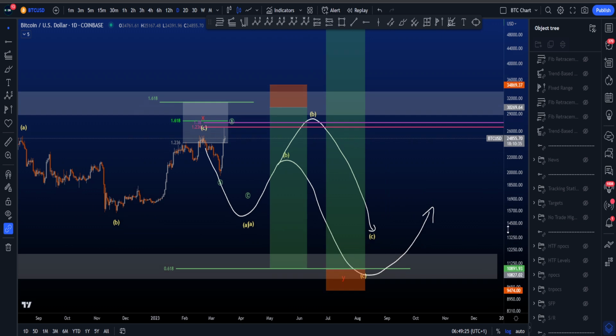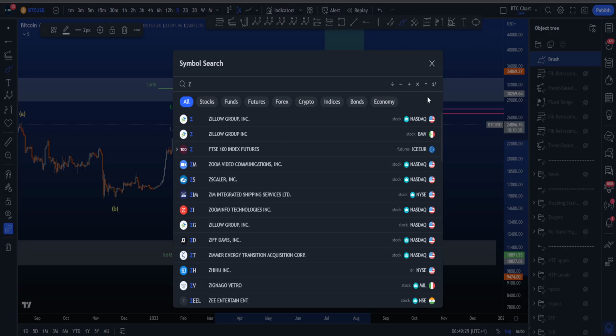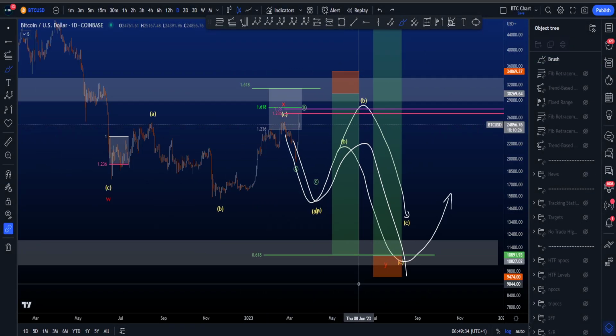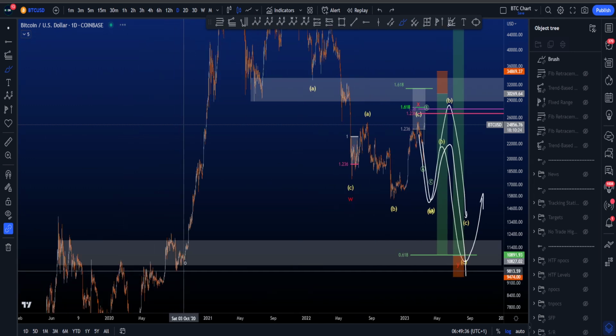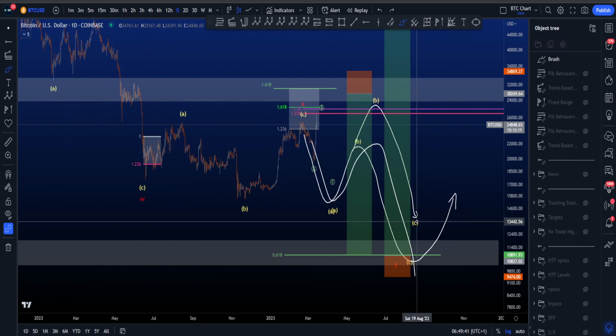And then if that happens, one could look for eventually more downside to come in a wave Y with a target of right at about 10.9K, which also has nice confluence with this area that we never backtested since the bull run in 2020.